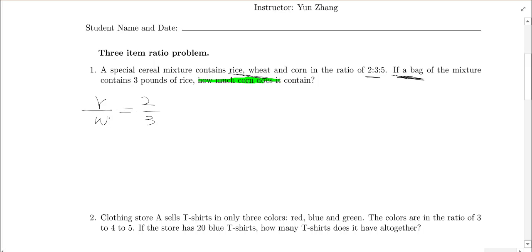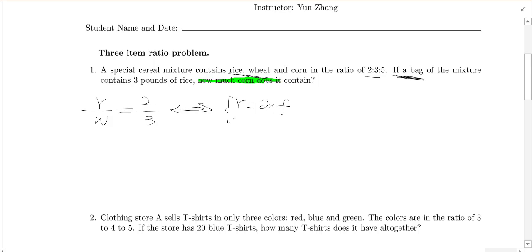Whenever you see those, you need to immediately understand the true amount of R. R actually is equal to 2, coming from here, times a factor.